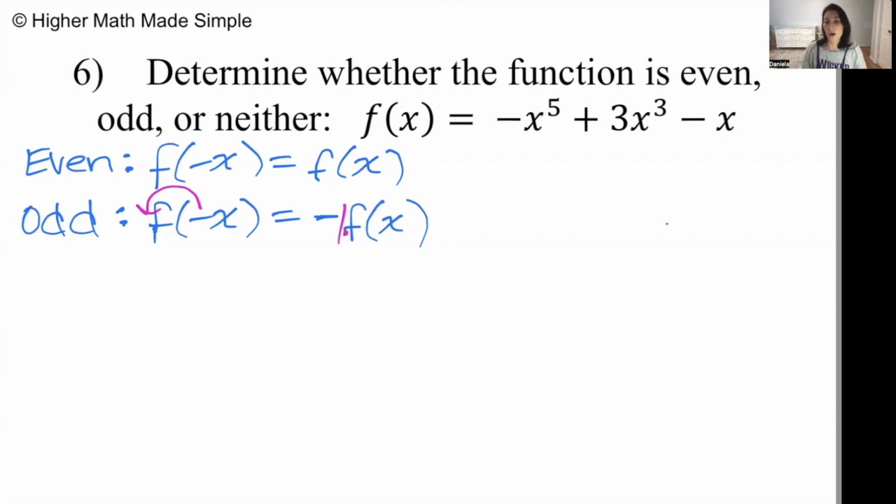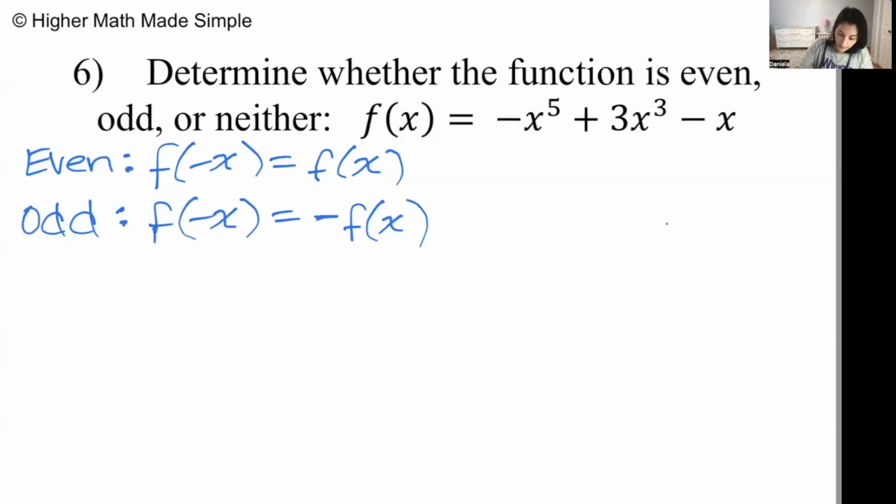A lot of people get confused as to how to do the odd, so you practically just pull out a negative 1 and then do the distributive property. If you have no idea what I just said, we can definitely do that later. Graphically, odd means it has symmetry over the origin.